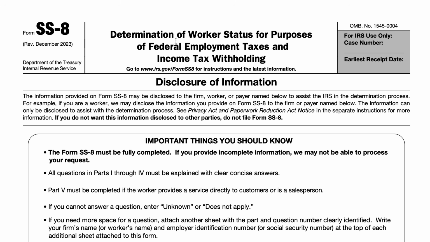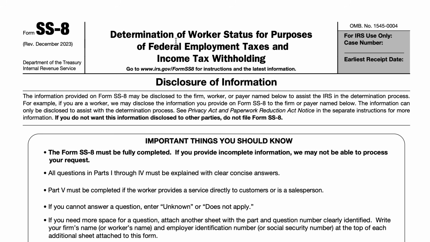But if you're given assignments and they're pretty firm, and the company is adamant about you doing certain things, or you have to wear a uniform, or you have to show up at a certain time, or you have to be on certain calls, then that starts to make you feel more like an employee.